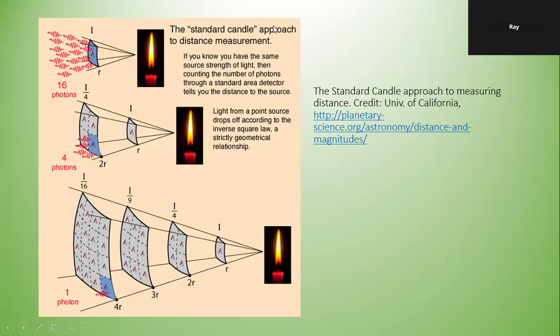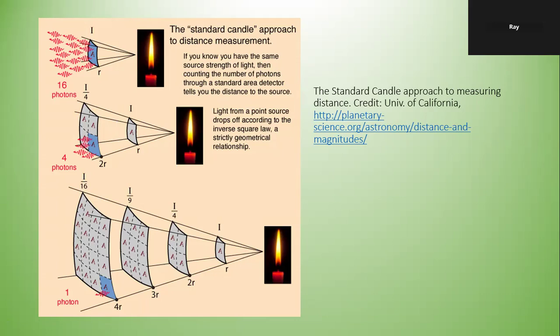Okay, so the standard candle approach to distance measurement. There's your standard candle. There's a distance r away from the standard candle. Area A, let's say for example there are 16 photons. When we double the distance, those 16 photons spread out into 4 equal areas. This area becomes 4 times, and each area is divided by 4.